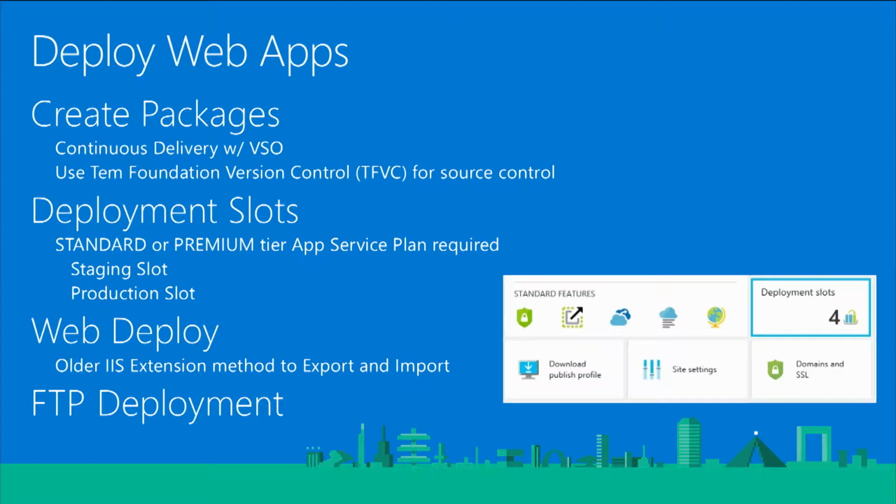But the new portal exposes a feature, and it was available in the older portal, but I think it's a lot more visible here in the new portal, called deployment slots. It changes things up a little bit when you talk about deployment. The big thing for deployment slots is that you require a standard or premium app service plan, but a deployment slot creates a new instance of your web app.